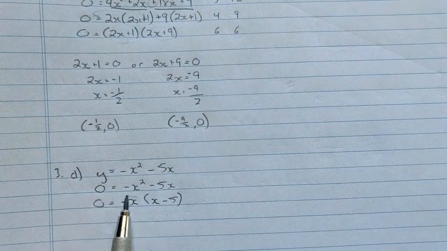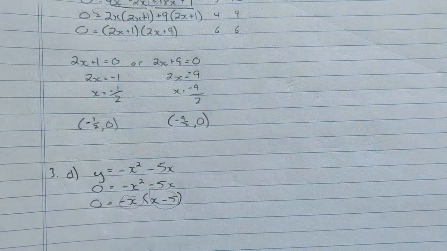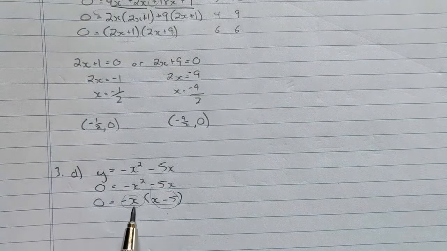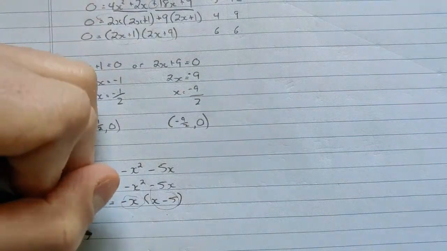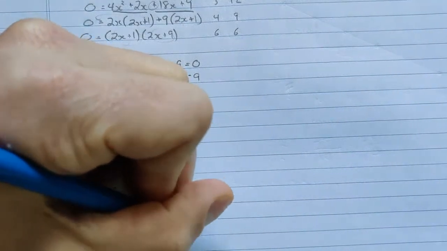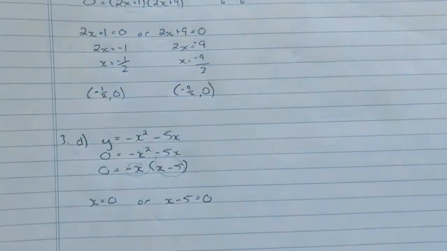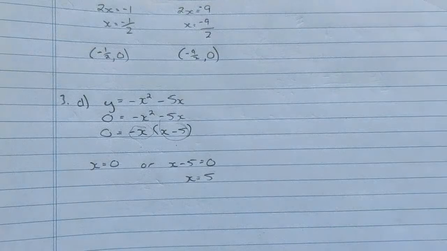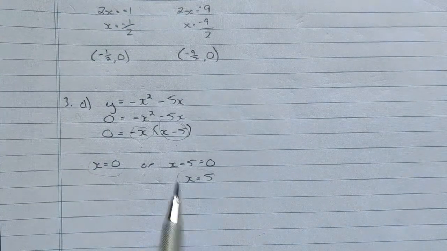So either this is 0 or this is 0. For this to be 0, we have x equals 0, or x minus 5 equals 0, and then we can go about solving that. Here, x equals 5. So those are the two zeros, 0 and 5.